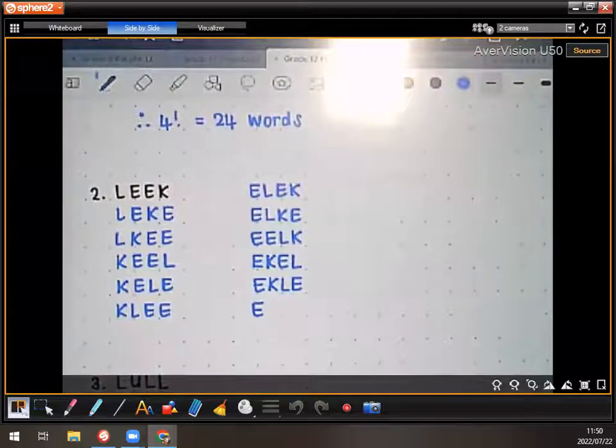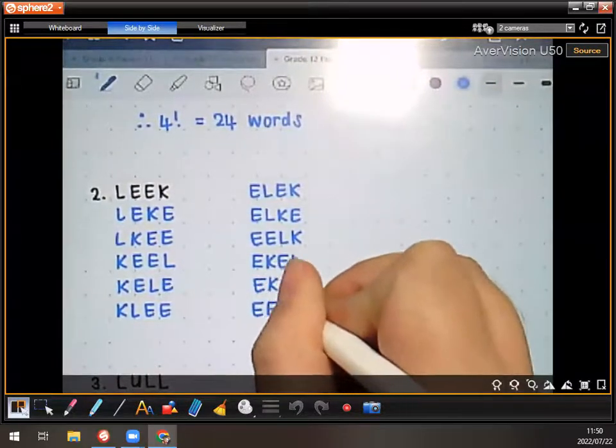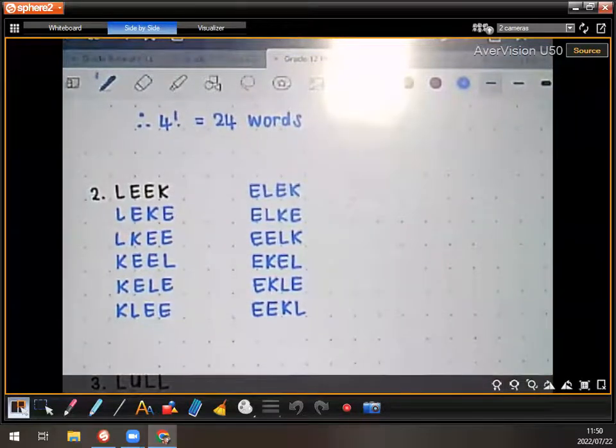So I have 11 including that one. Oh, yes, thank you. Okay, that's the last one. Well done. So 12 altogether, guys.